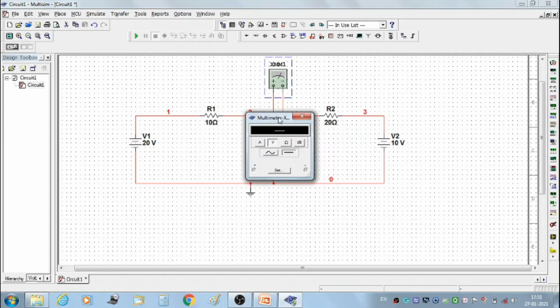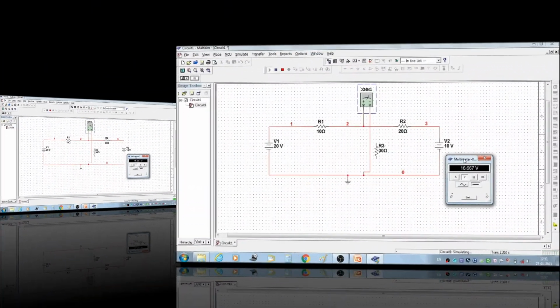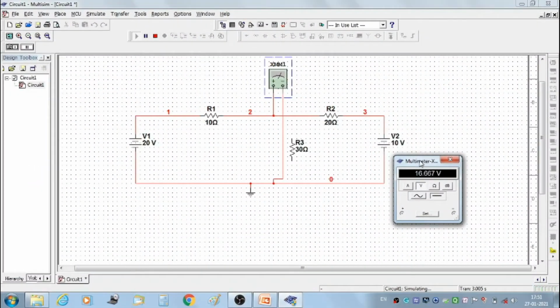Double click on the multimeter. It shows the VTH value. Then start the simulation. We get our first VTH value as 16.667 volt when V1 is 20 volt and V2 is 10 volt. Then stop the simulation.